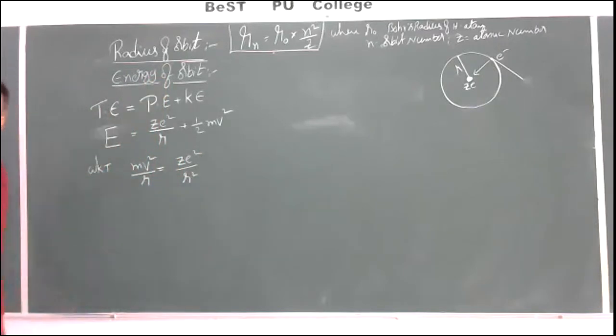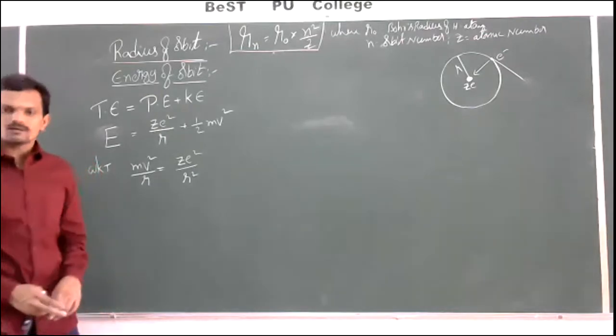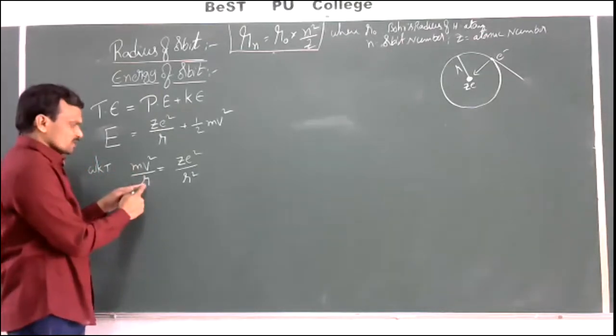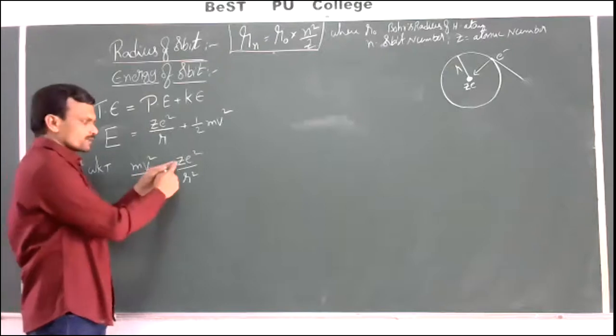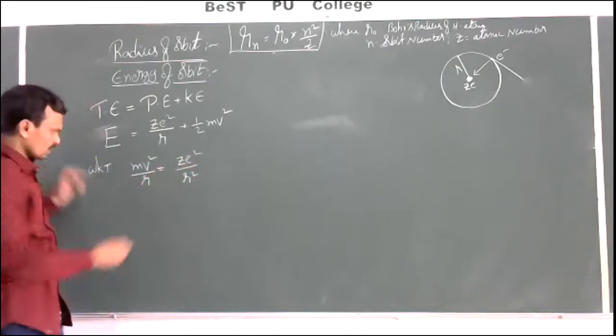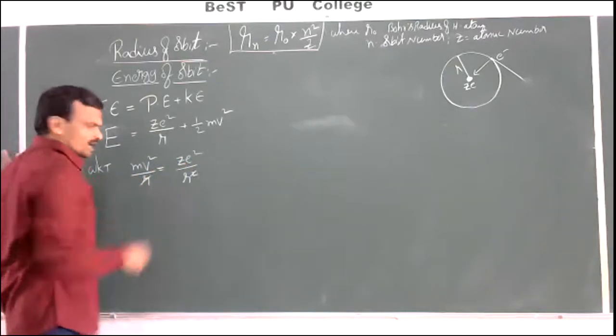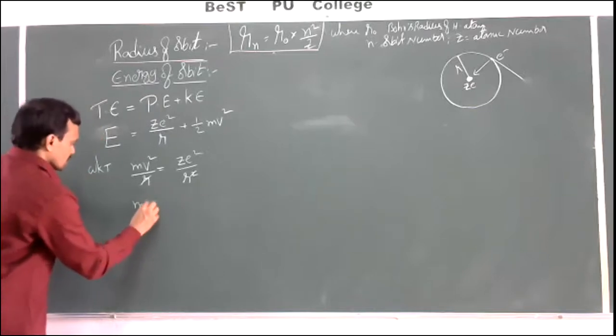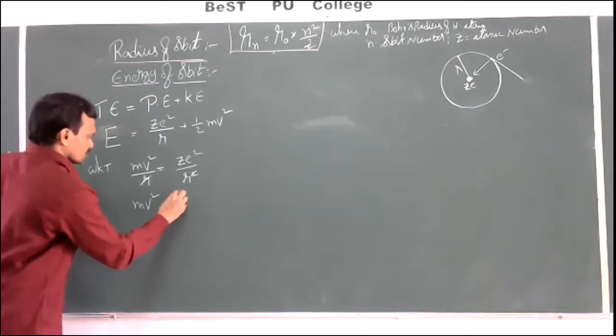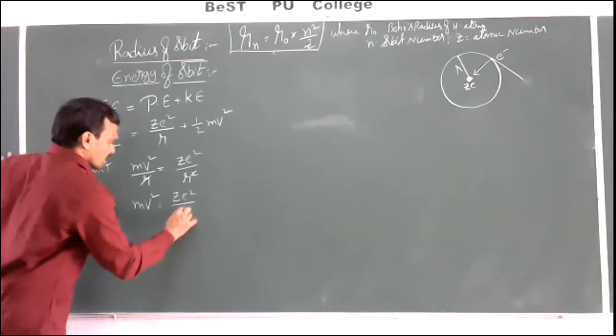Just now earlier you have taken centrifugal force is equal to centripetal force. So centrifugal force mv square by r is equal to centripetal force Ze square by r square. Now if we cancel this r and r, what will you get? mv square is equal to Ze square by r.